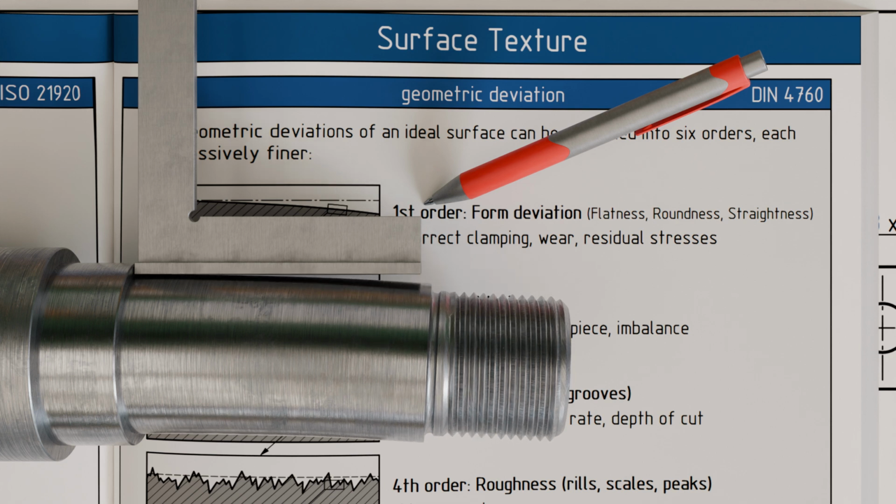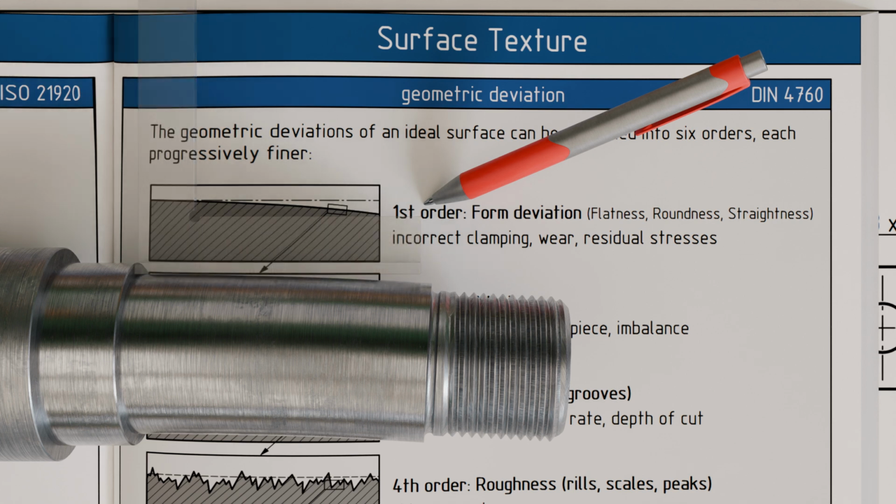These form deviations can be caused by incorrect clamping of the workpiece or progressive tool wear. Residual stresses released during the machining process can also lead to form deviations. Likewise, significant temperature changes, such as those occurring during hardening, can cause distortion of the component and thus form deviations.